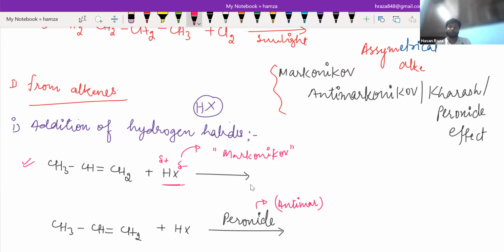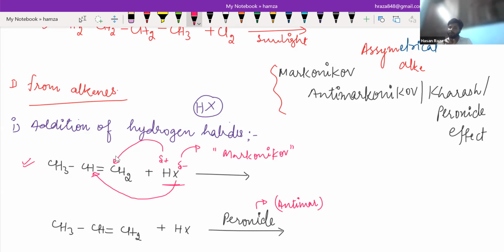According to Markovnikov, the negative part of the addendum will go along the double bond to that carbon which has a lesser number of hydrogen, and the positive addendum will go to that carbon which has a greater number of hydrogen.